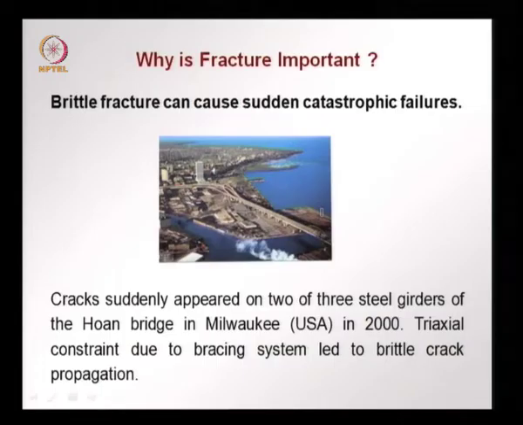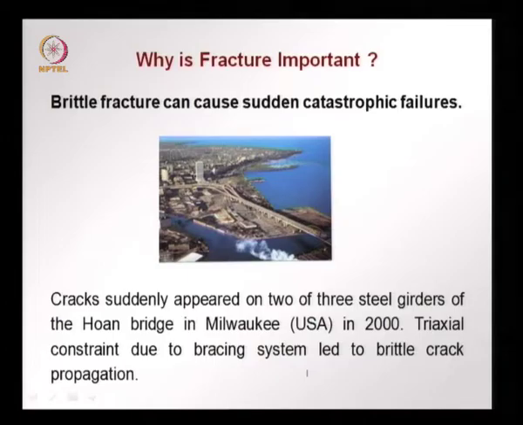Another very interesting case of a catastrophic failure occurred in two of the three steel girders of the Hoan Bridge in Milwaukee in the US in the year 2000, and here a generally ductile material such as steel, due to the triaxial constraint that was brought about by the bracing system, led to brittle crack propagation instead of a ductile failure.